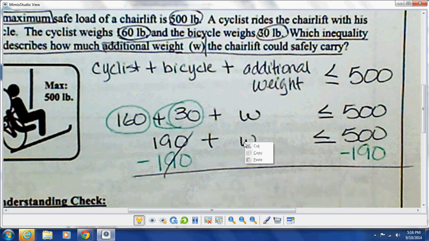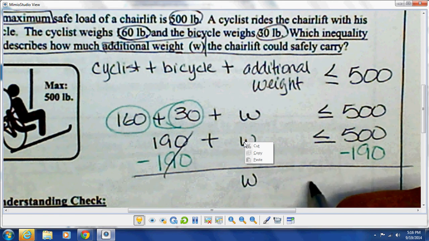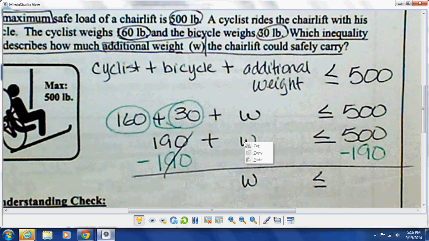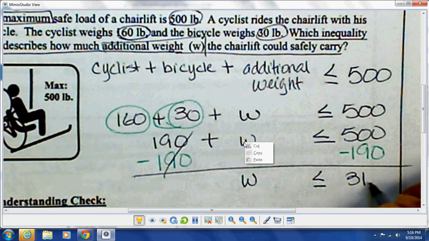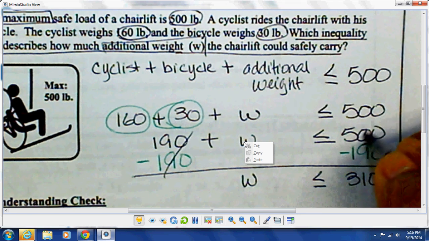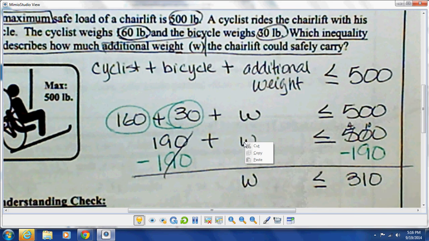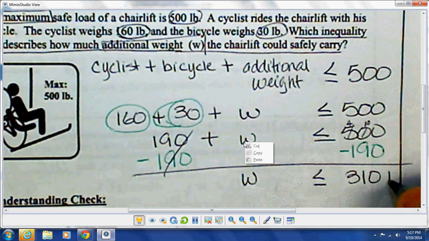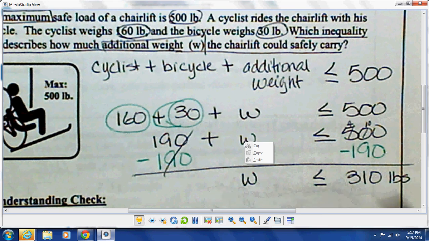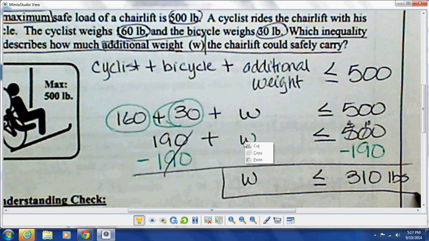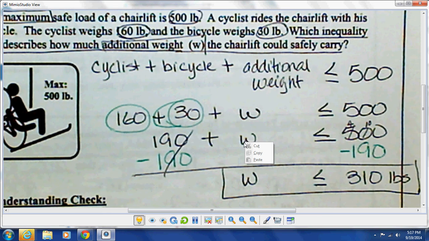The 190s cancel. So the additional weight has to be less than or equal to 310 pounds. That means I can be 310, 309, 308, 307, or whatever. I just cannot be 311 or 312, or else I've exceeded the maximum limit.